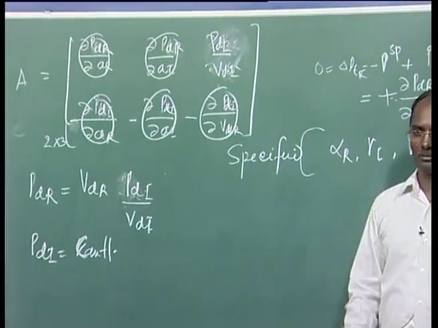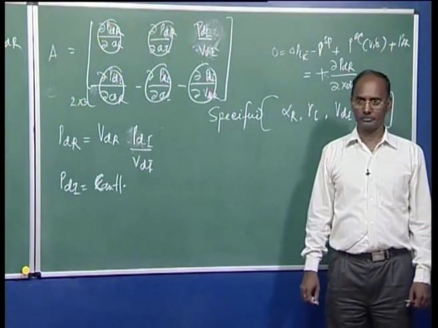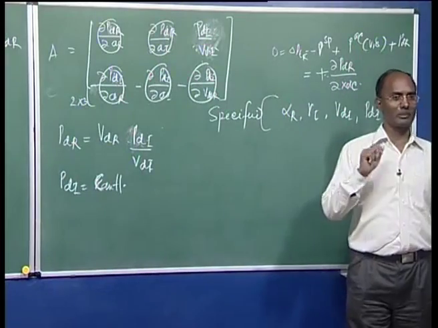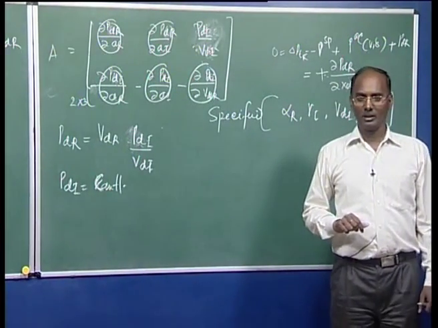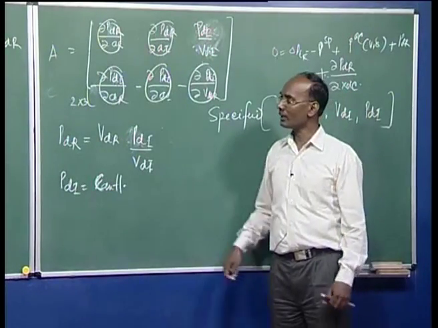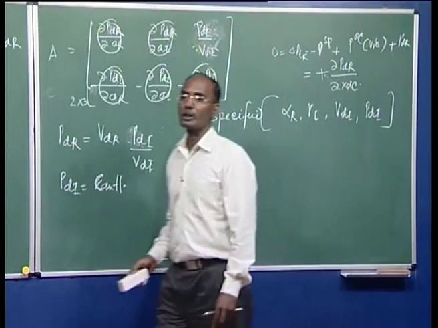It is simple, but if you go for C, it is not so simple, because in C you now have to calculate the reactive power. The real power is a simple equation we write. Now we have to write the reactive power, and the reactive power we can write in terms of apparent power.